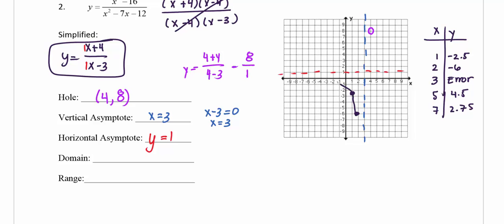So again, you know that your branches are also shaped by your asymptotes. So draw those in. Then on the other side, I have 5, 4.5, and 7, 2.75. But also, do not forget that your graph must go through your hole as well, and then head towards your asymptote. And that's it.